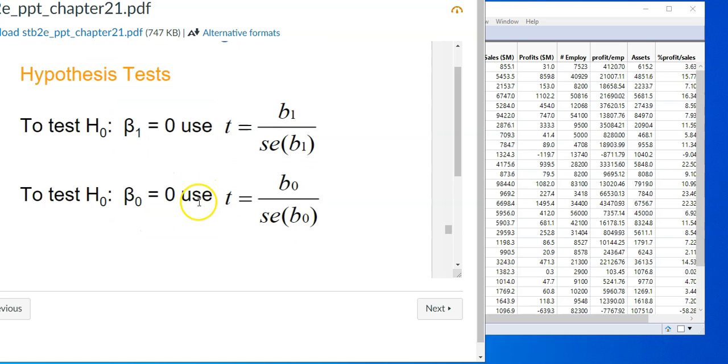And what is the hypothesis test on this? Of course, we want to have a non-zero intercept and a non-zero slope. If one of them is 0, we don't have a regression line, right? If the slope is 0, you don't have a regression line. If the intercept is 0, you don't have a regression line.